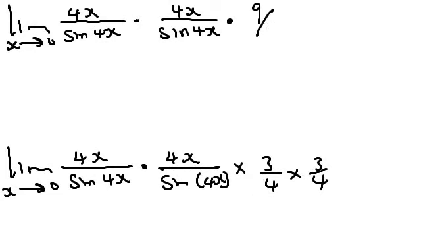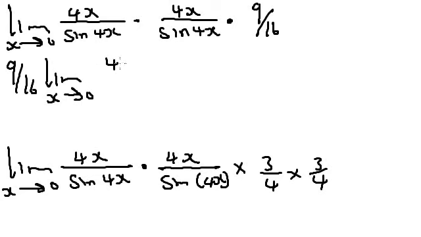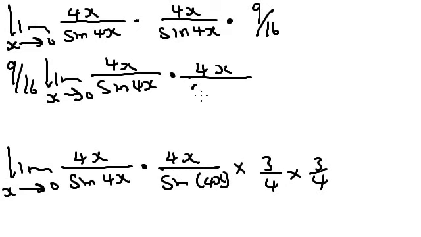So 9 by 16. Since it is a constant, we can bring it to the front of the limit, and therefore we can now have 9 over 16 multiplied by the limit as x approaches 0 of 4x all divided by sine 4x multiplied by 4x all divided by sine 4x.